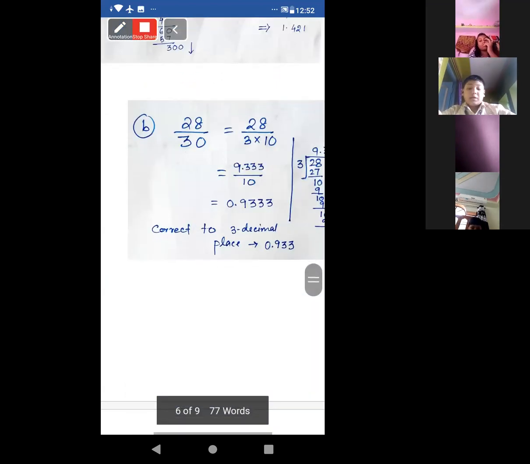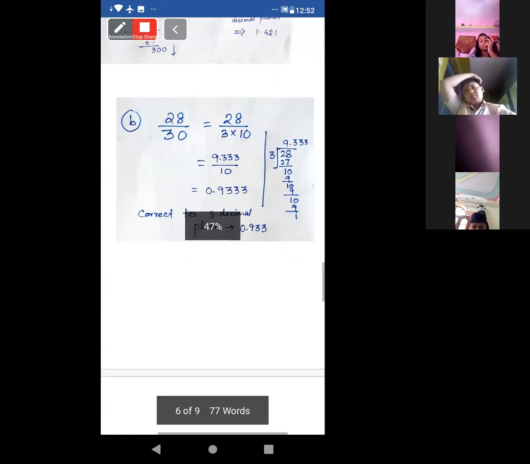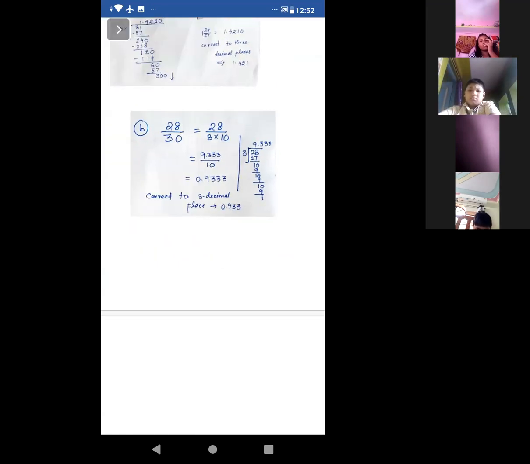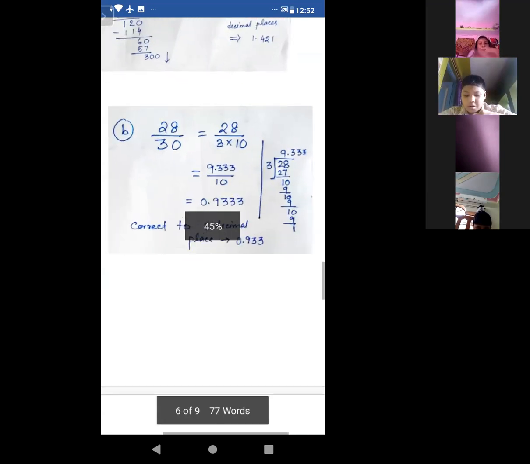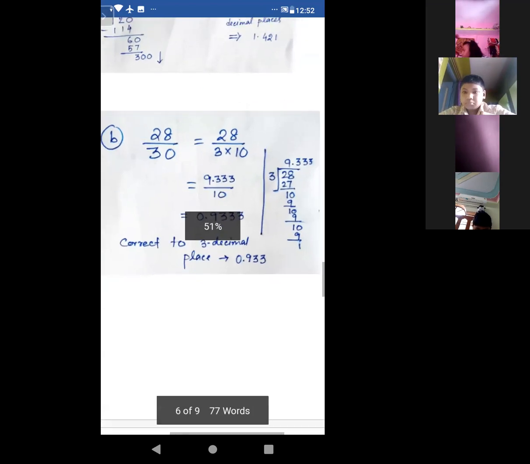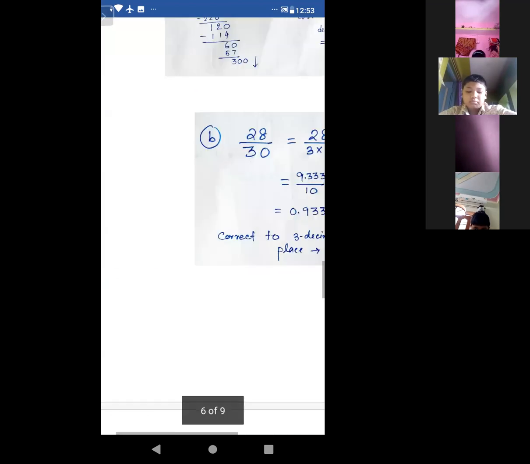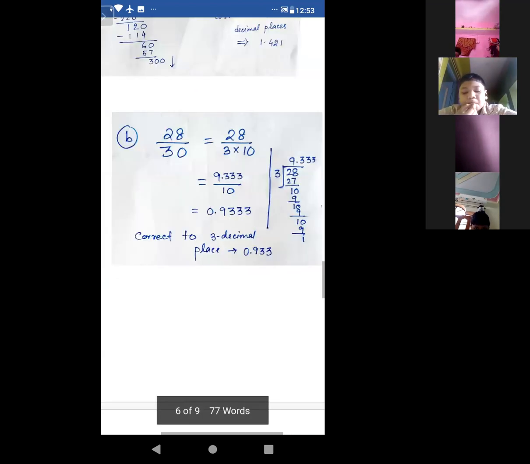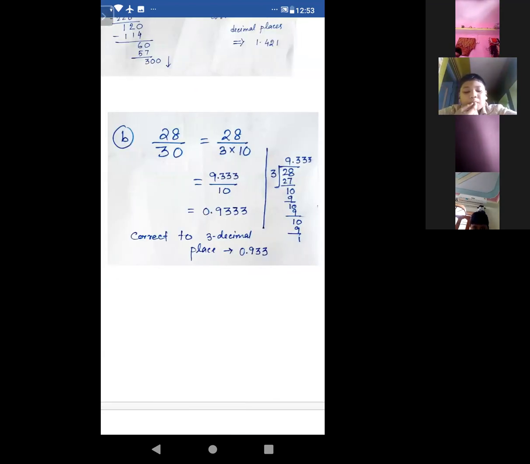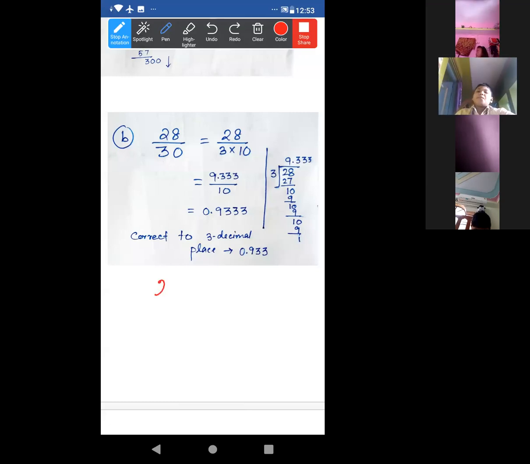Number B. Look at this. This is normal, but here I applied one process. If we apply this rule, it will be very much easy. It is given, all of you look at the board. 28 divided by 30.